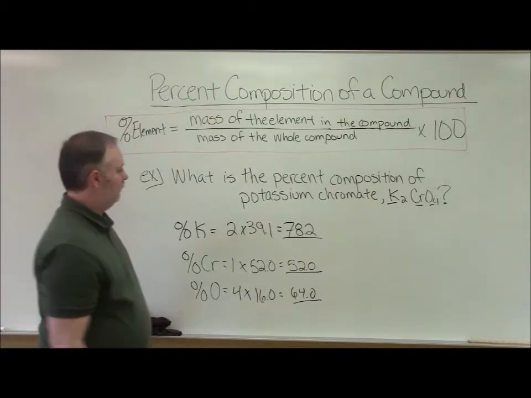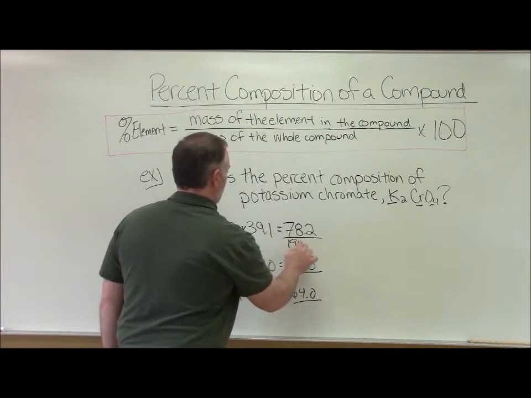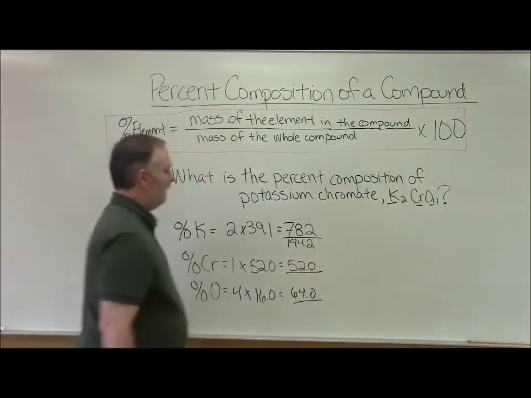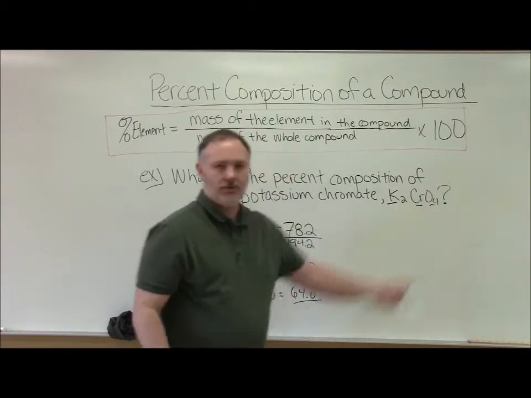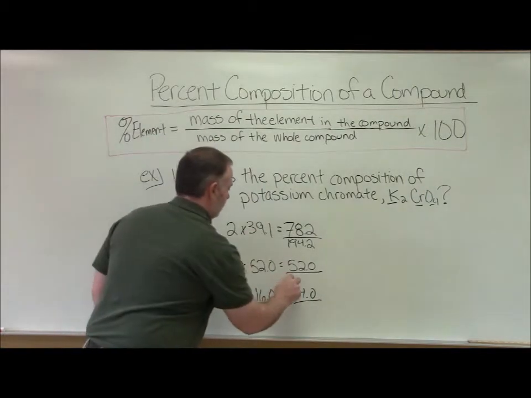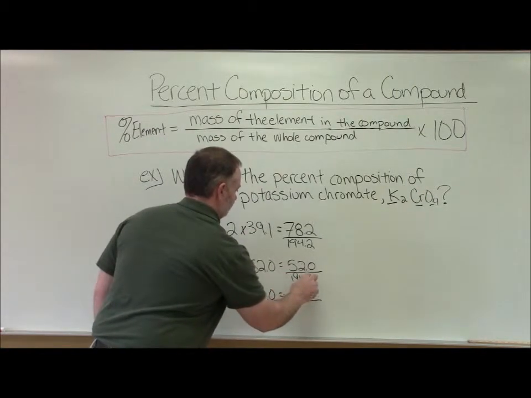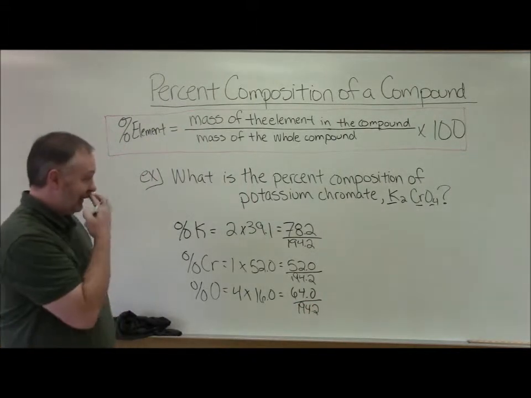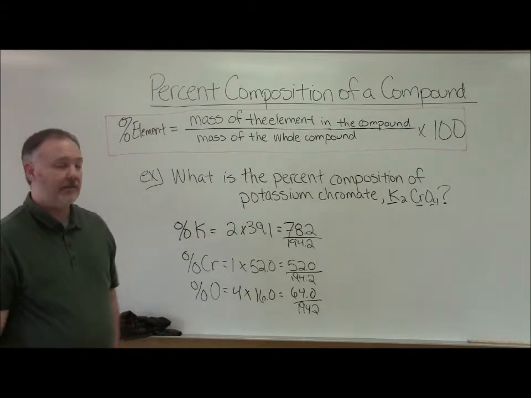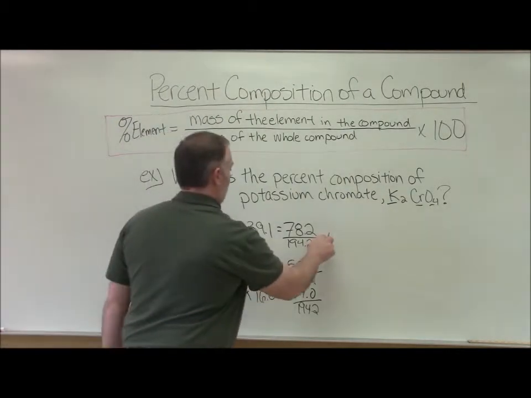It comes out to 194.2. That is the mass of the whole compound, K2CrO4. And that's what we divide everything by. And then finally, to get out of our decimal and have a percent, you got to multiply by 100.